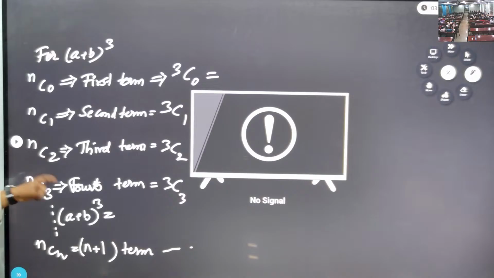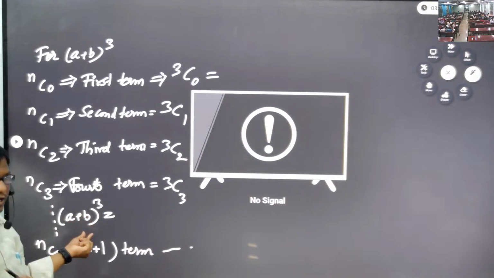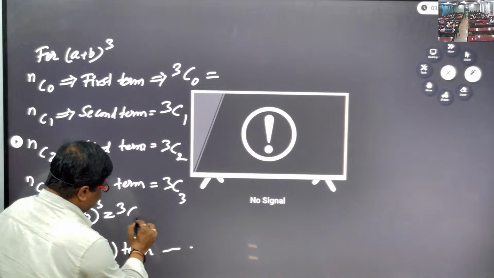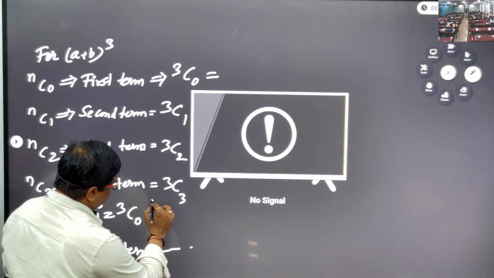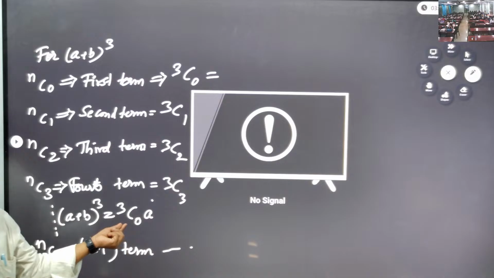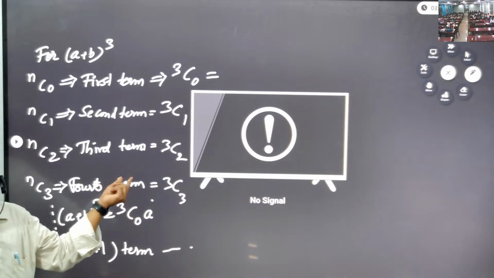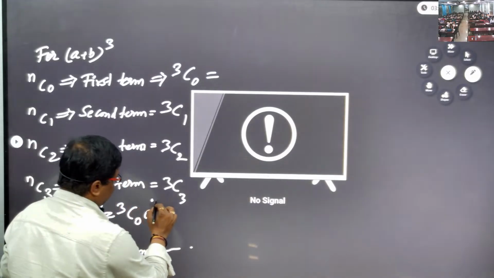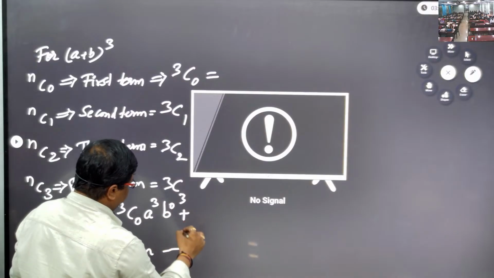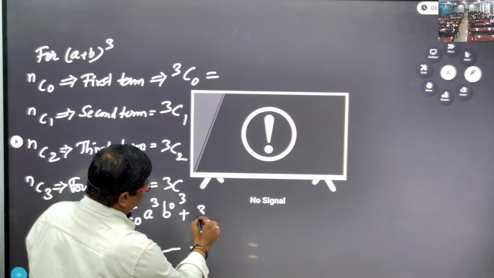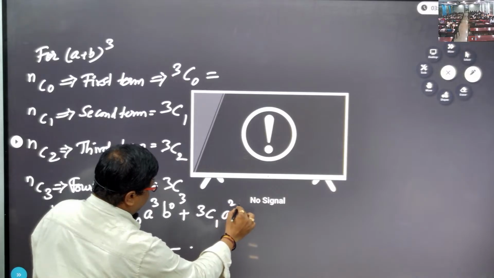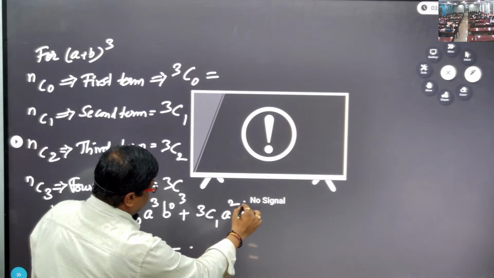So the first value we will be getting is 3C0, a power 3, b power 0, plus next 3C1, a power 2, b power 1.